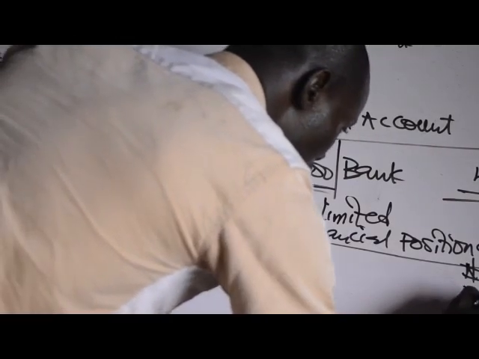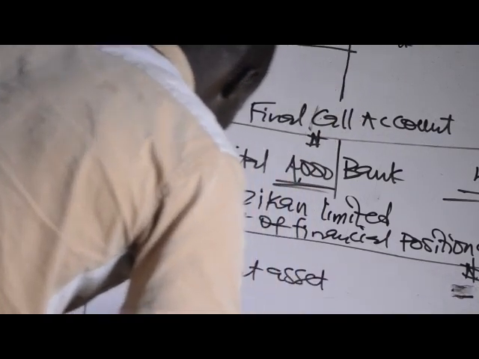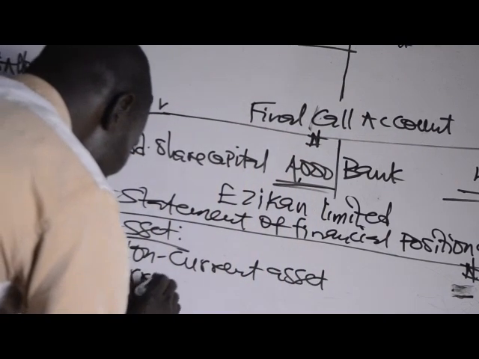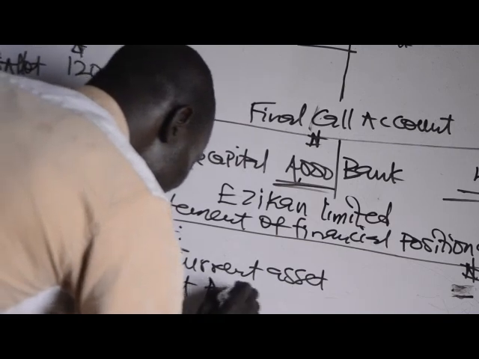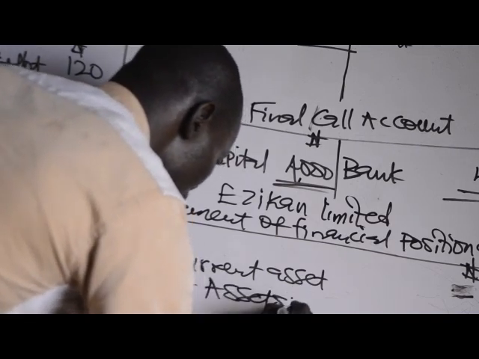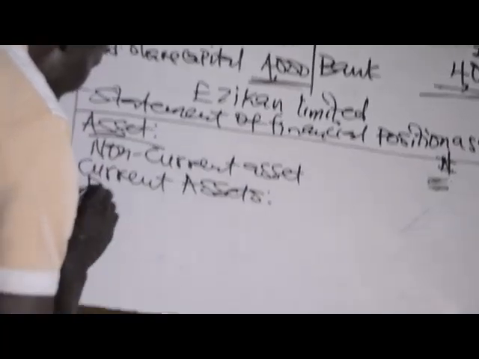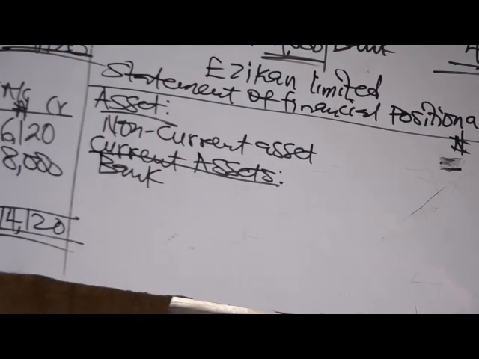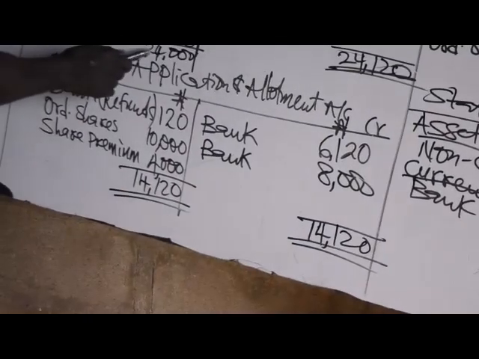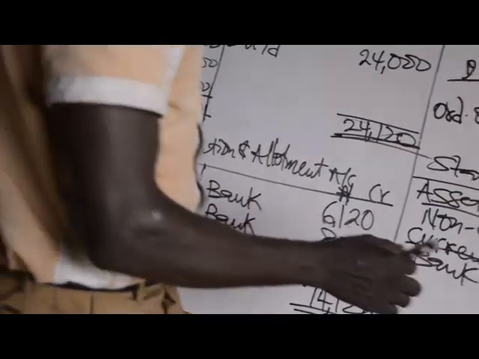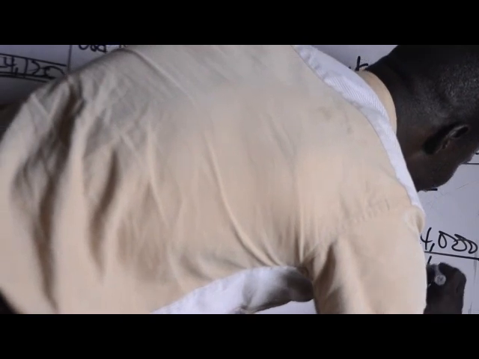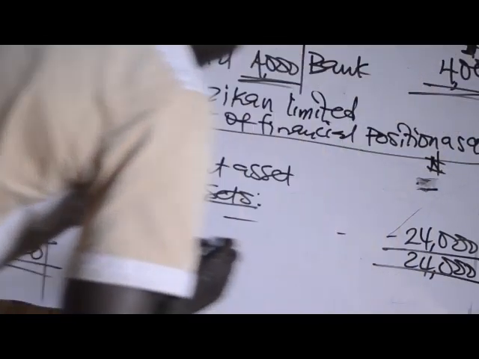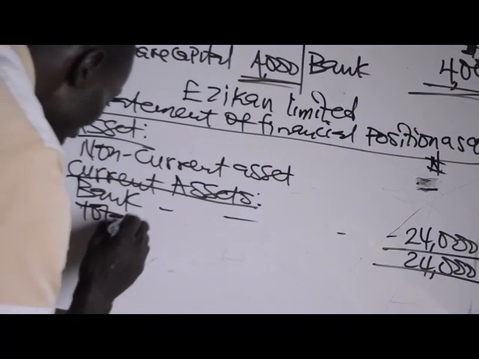We don't have any non-current assets. Then we have current assets. The only current asset we have is bank. The balance in bank account is 24,000. That means the total asset will be 24,000. That is our total assets.